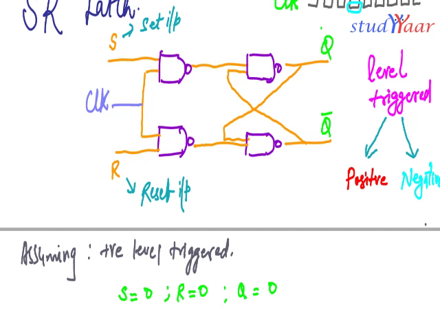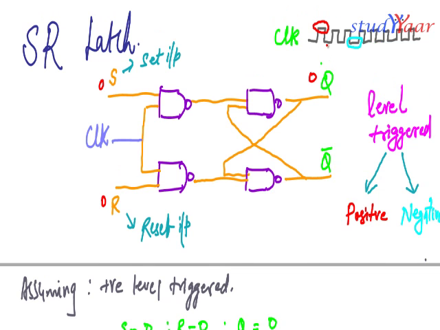So over here I have S 0, R 0, and Q is 0. Now S is 0, and if my clock is low, then this circuit is disabled.